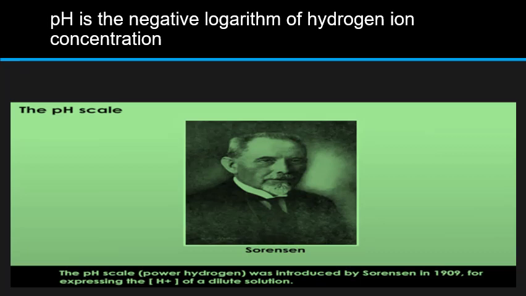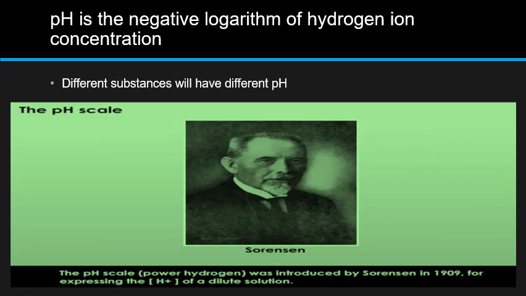He used it to express the hydrogen ion H+ concentration in dilute solutions. So the pH scale is just numbers which give the concentration of hydrogen ion in dilute solutions. So what is pH? pH is the negative logarithm of hydrogen ion concentration.